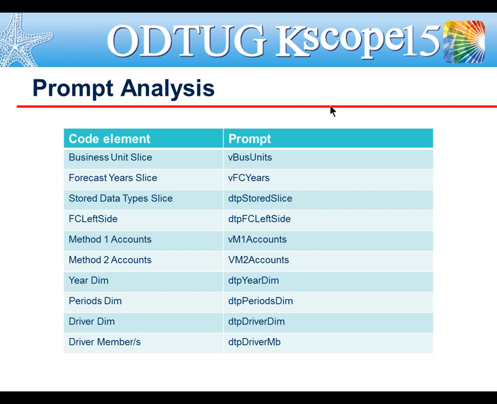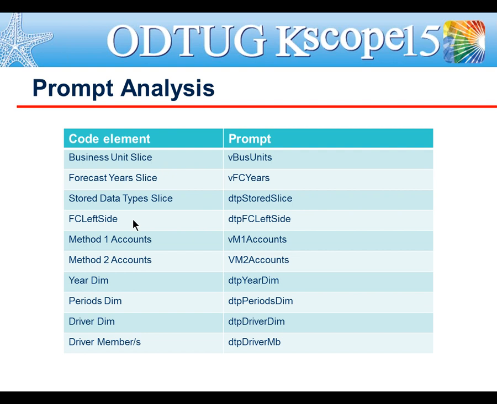So, taking a look at all of the variables that we need and what type of prompts we want, the user is going to pick which business units, which products, which channels, which markets they want to forecast. The user is going to pick the years they want to forecast.